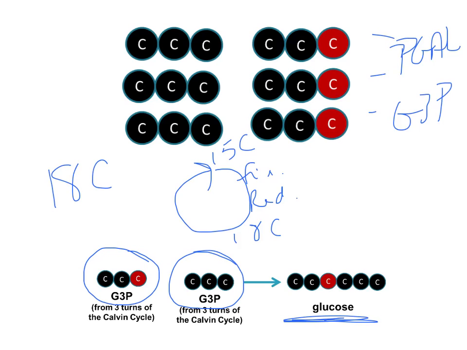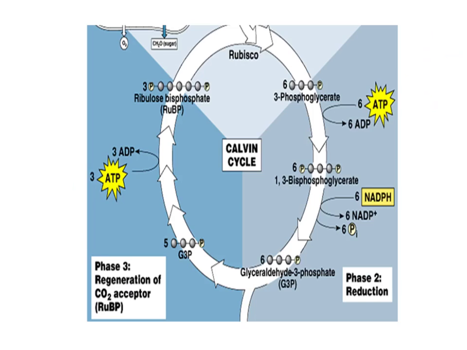And so once they exit, now I get to go back down to 15 carbons. And now that I'm back down at 15 carbons, those carbons will recombine and go back to forming the 5-carbon RuBP molecules.